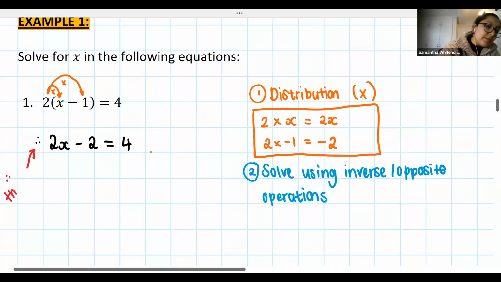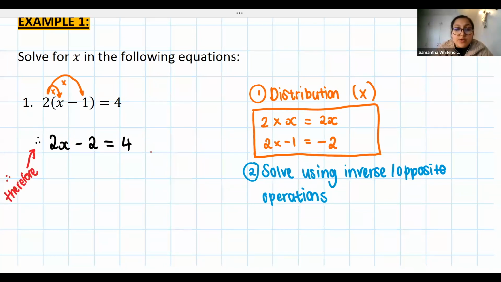Basically, we use them whenever we are dealing with equations. You can actually use them when you're dealing with expressions as well, but we use them because we cannot have 2 equal signs on the line. So we just use the 3 little dots for therefore for each new step to say, therefore, I've distributed, now I can do the next thing. Therefore, I've used my inverse operation, now I can do the next thing. So that's what those 3 little dots mean, and we use them to indicate that we're moving on to our next step.